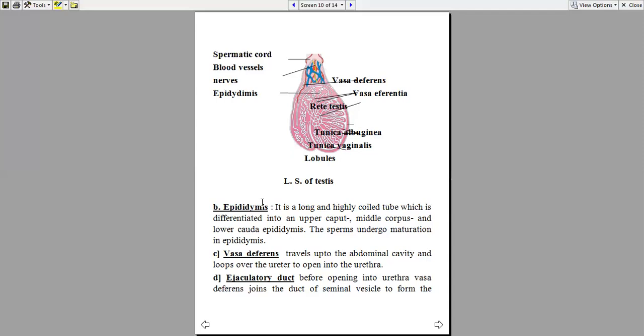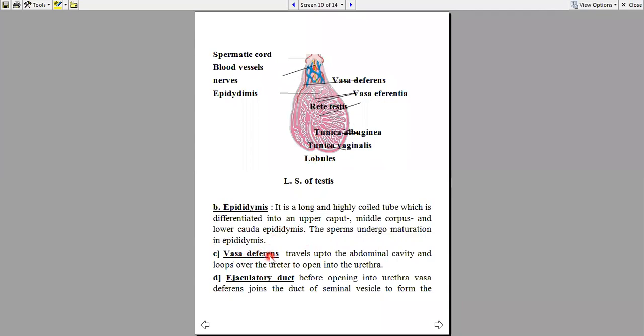Now what is the function of this epididymis? We know that via vasa efferentia, the sperms are collected in epididymis. In epididymis, the sperms undergo maturation. So maturation of sperms takes place in epididymis. The function of epididymis is maturation of sperms.